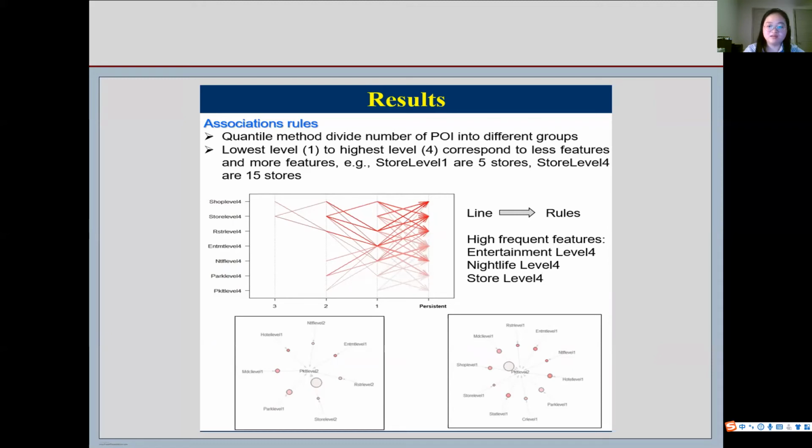Each line represents a rule. We found that entertainment, nightlife, and the store have a strong association with the dangerous location. We also create rules based on the locations with low frequent accidents and the locations without accidents. We found that these rules based on the 2 locations are related with lower levels instead of higher levels.